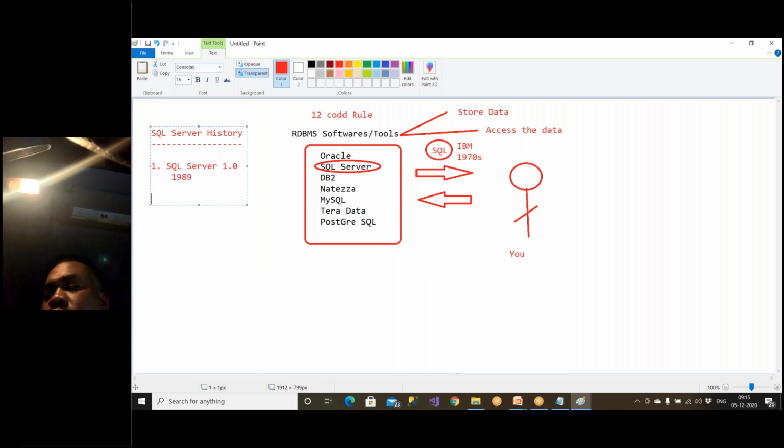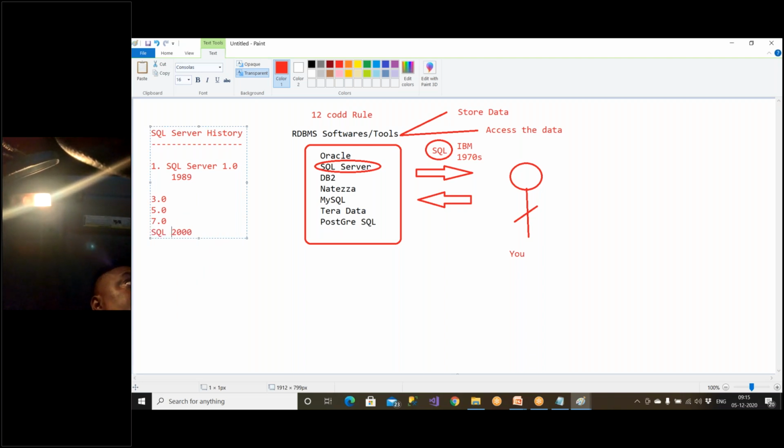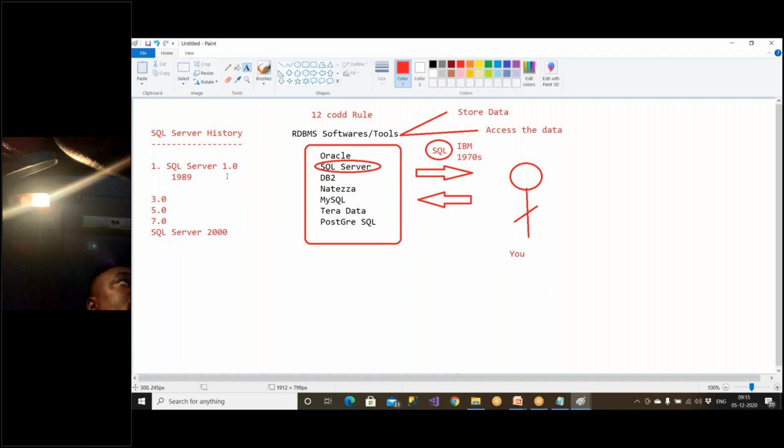Then Microsoft released 3.0, then 5.0, then 7.0, then SQL Server 2000, which was a big hit for them. Clear? Till this, it is completely RDBMS software only.